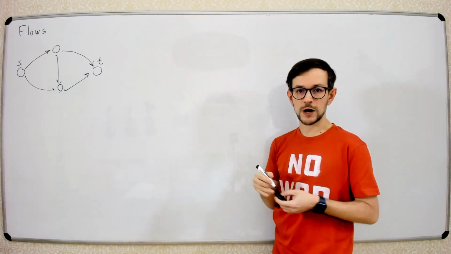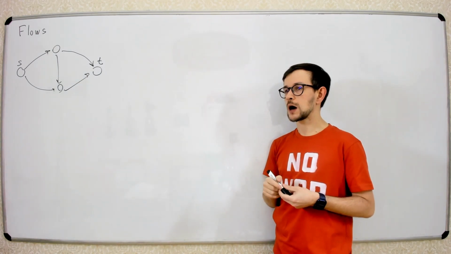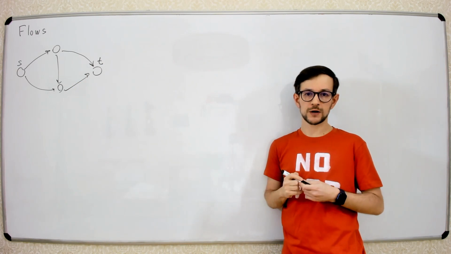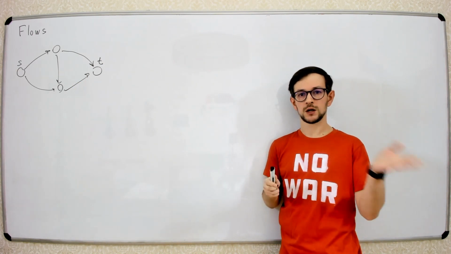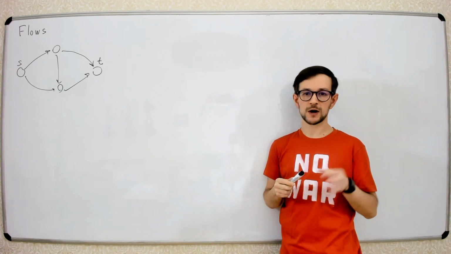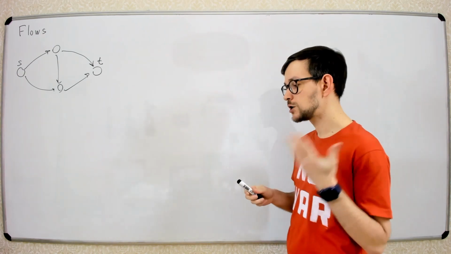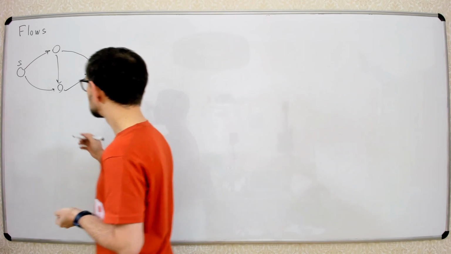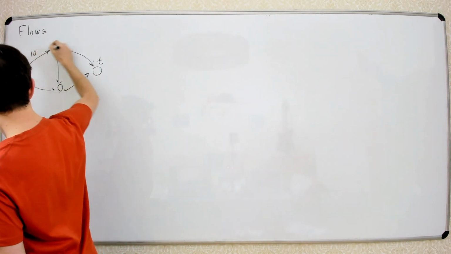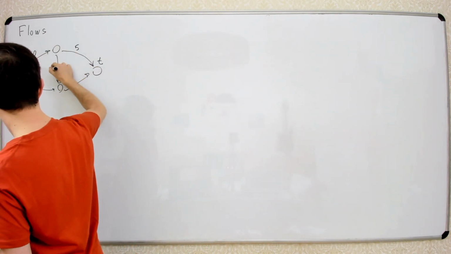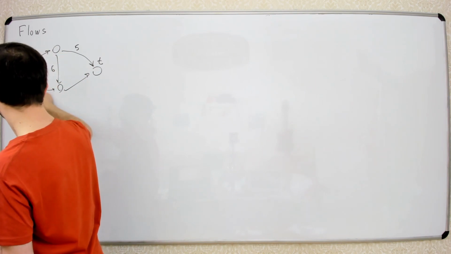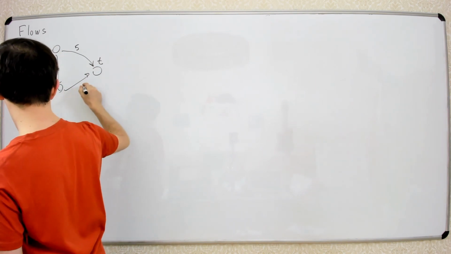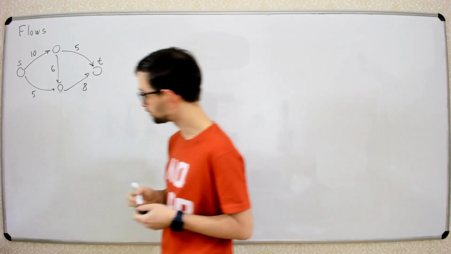Now, for each edge of the graph, we know how much liquid can flow in 1 second through this edge. It's called the capacity of the edge. So each edge has some capacity. Well, let's put some numbers here. Let's say 10 here, let's say 5 here, 6 here, let's say 5 here, and for example 8 here.